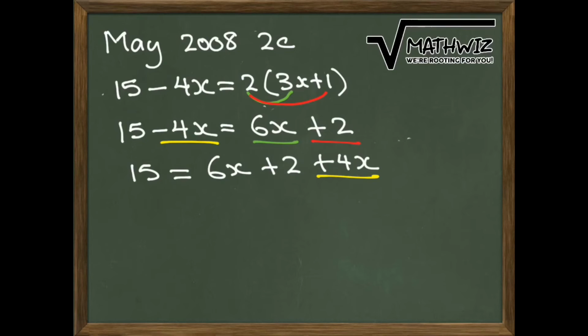So at this point, we have our letters on one side, which is the 6x and the 4x, but that 2 is out of place. So let us see what color we can use. All right, so the 2, the positive 2, I'm going to take it to the other side, and it's going to become minus 2.